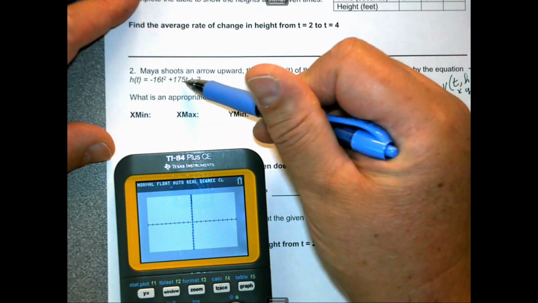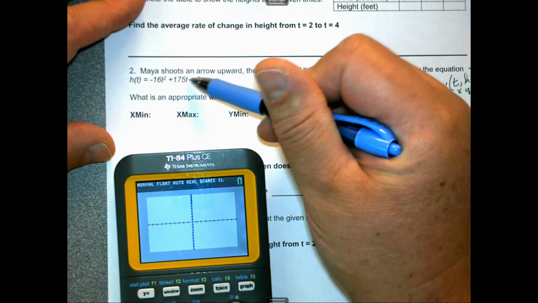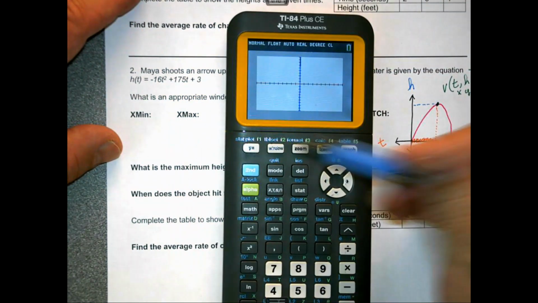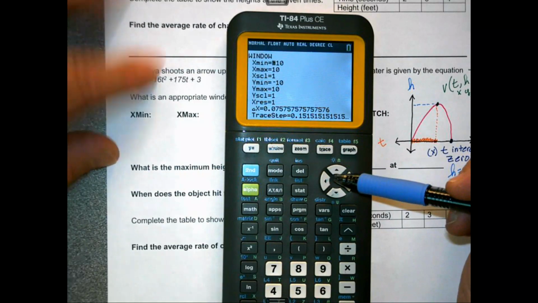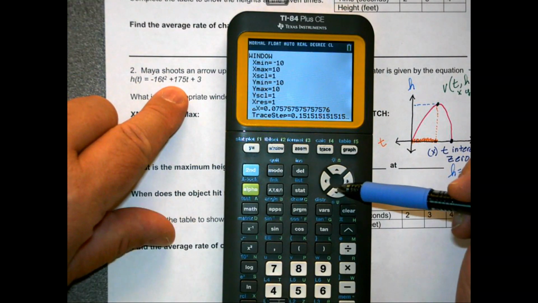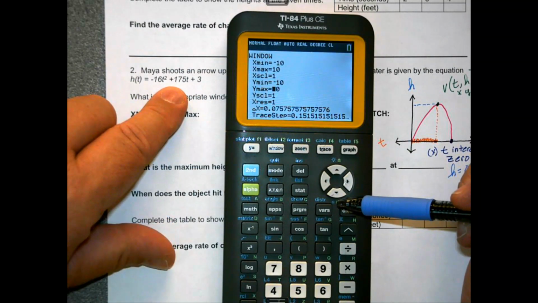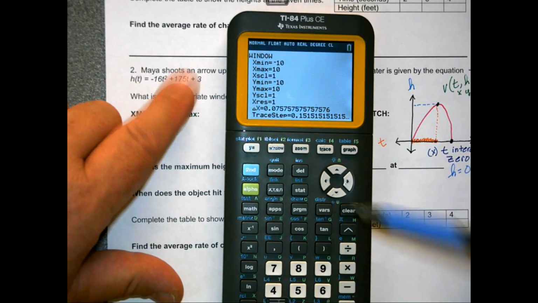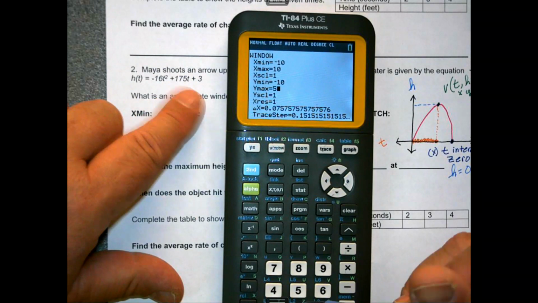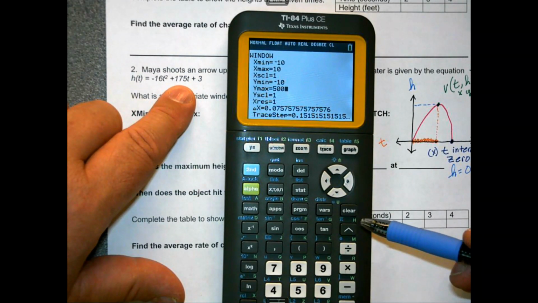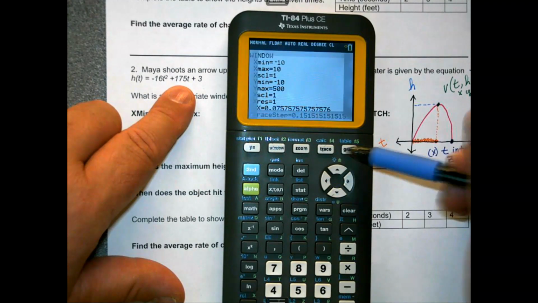So this is really a huge number. When I go to my window here, I'm not going to put like 200 in for my Y max. I'm going to put something like 500 because this coefficient is a big number. So I'm going to put 500 in there and just see what happens with my graph.